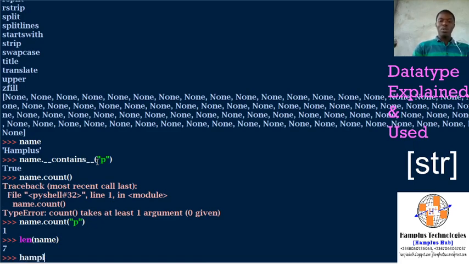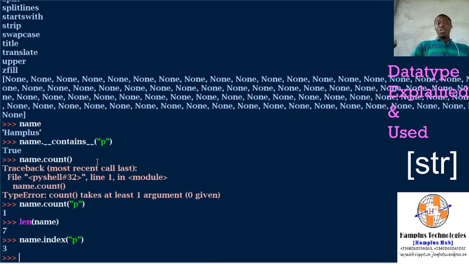I say name dot index. What will it give me? Let me say index of p. 3. Wow! Do you understand that?